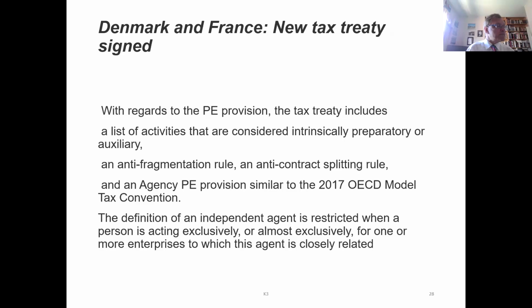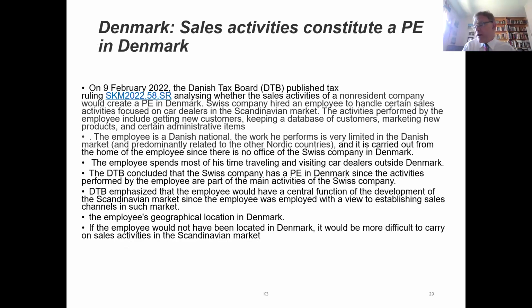And the final one with Denmark, don't really want to go on too long after last night's result, but there you go. 9th of February 2022. This went the other way and a PE was created. Again, a good example, something which you can apply in the UK.